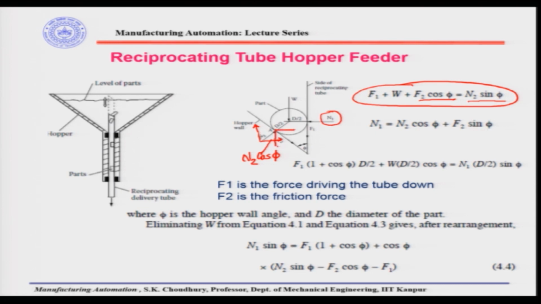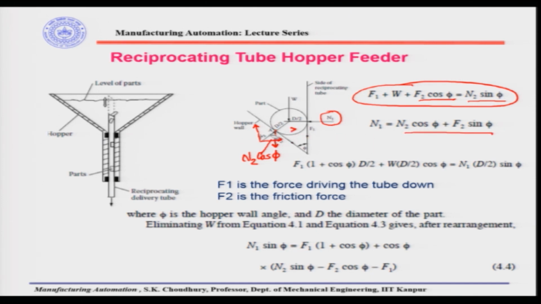So this is here and here, the F2 sin phi. So N1 in this direction is resisted by F2 sin phi and N2 cos phi. This is clear. This is in the x direction, this is in the y direction.